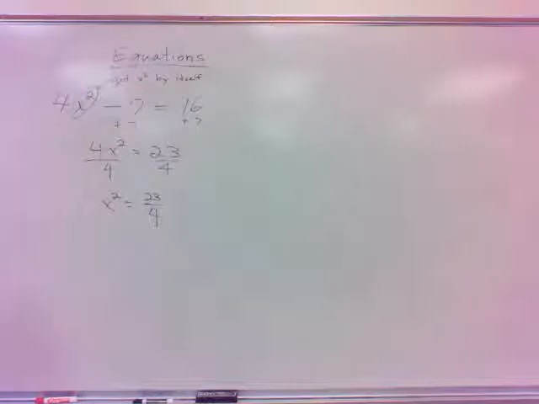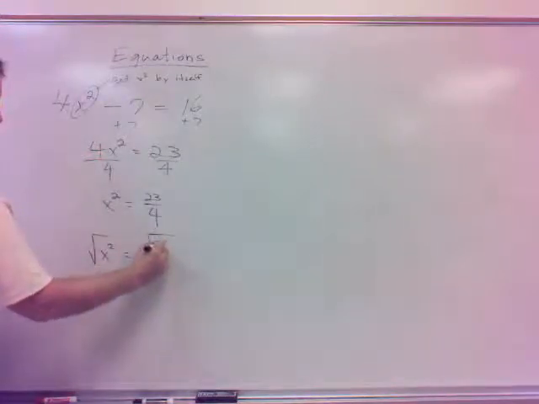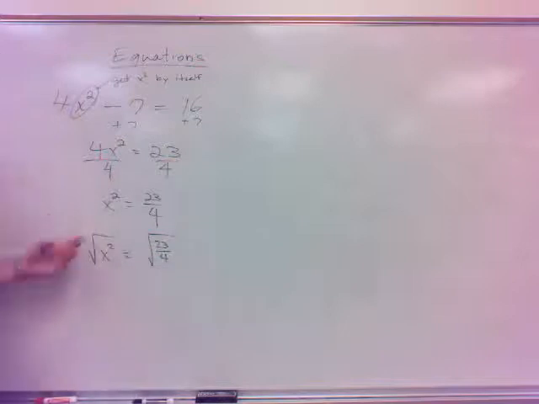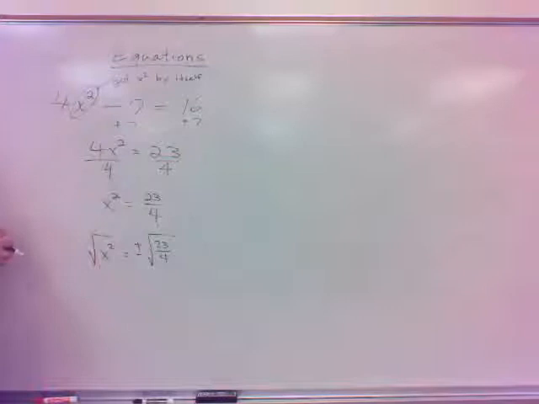So now I can use my square root method. Square root both sides. I need a plus or minus. Remember, this is an x squared equation, so I need 2 answers, and I get the 2 answers by putting in the plus and the minus in front of that square root of 23/4.